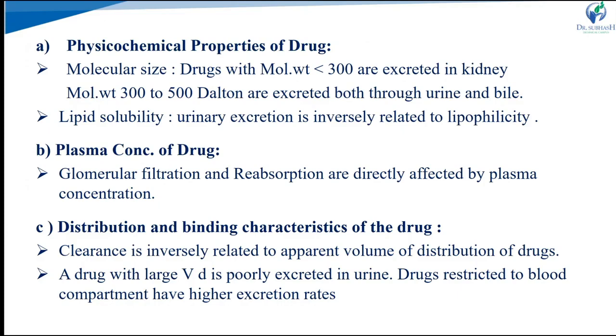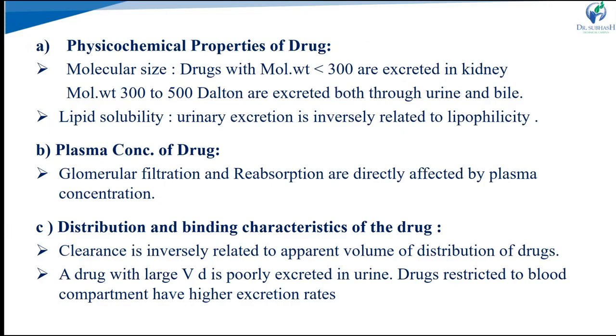Distribution and binding characteristics of the drugs. If a drug is bound to plasma proteins, it behaves like a larger molecule or macromolecule and does not go for filtration through the glomerulus. Only the free fraction of unbound drug is filtered. So protein-bound drug restricts excretion and increases the half-life of the drug.